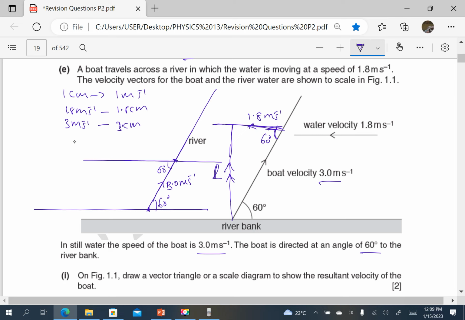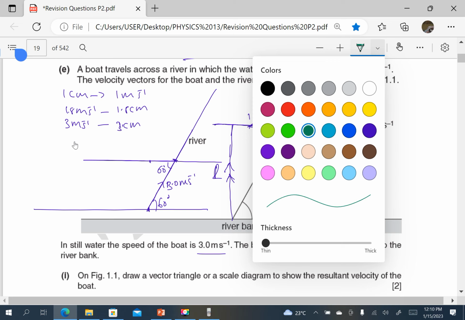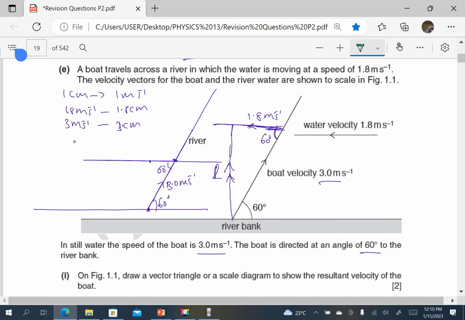So I'm measuring off 1.8. I think 1.8 is around here. So my resultant, I'll change the color for the resultant. My resultant is here, and it is pointing upwards. So that is my resultant.